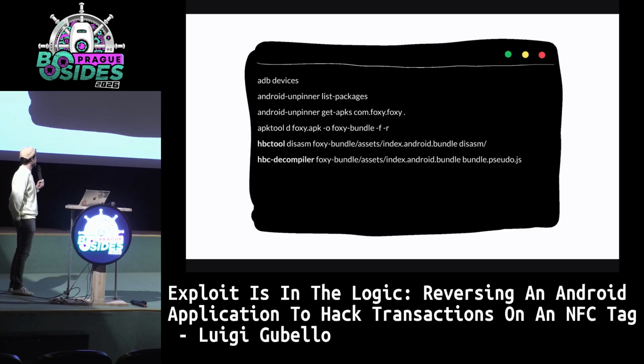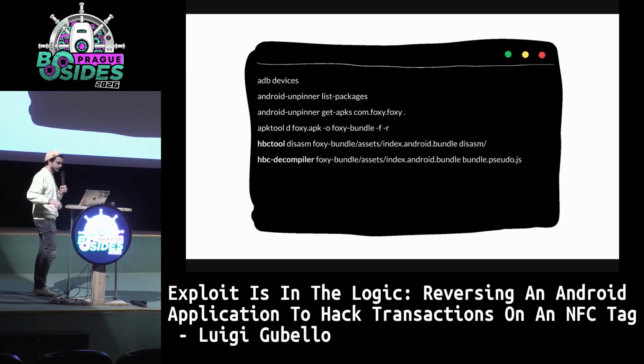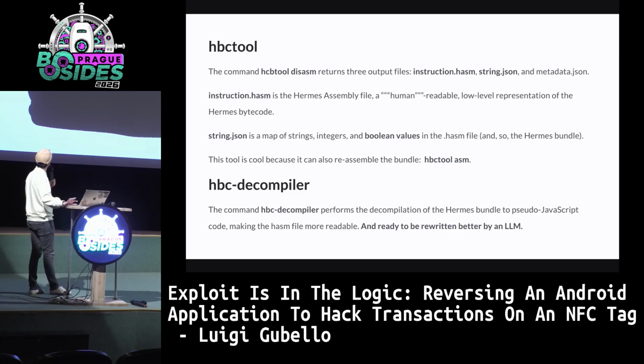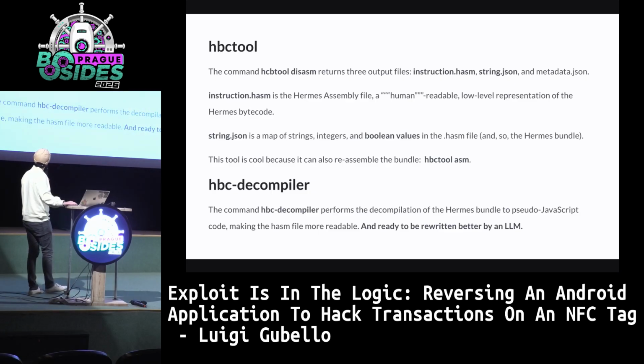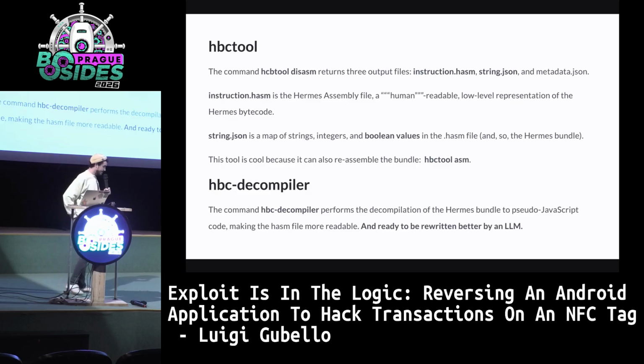And the pseudocode was, from a human perspective, in my opinion, easier to understand. So, these are the two tools that I used to reverse the bundle. One provided something very interesting, the strings.json, and so extracting strings, Boolean values, and integers.